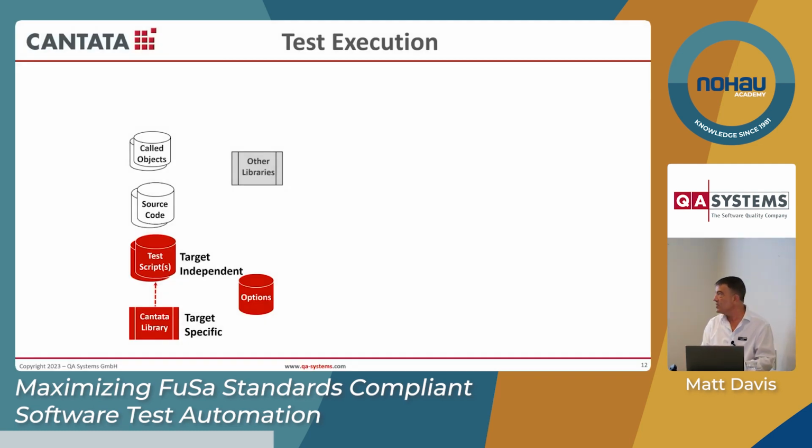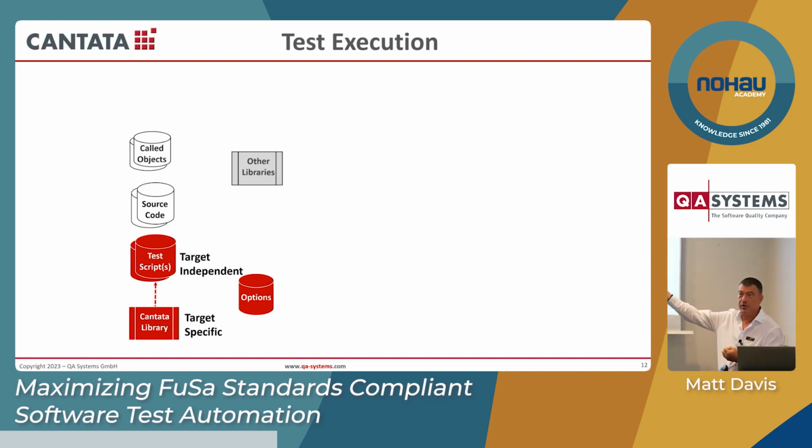How we run tests is a sort of combination. You have your source code, that's the code you're testing, the called objects, which might be code that your code interfaces to, other libraries, that might be RTOS libraries from ARM, it might be Qt libraries, it might be Boost libraries, it might be anything else you build in.